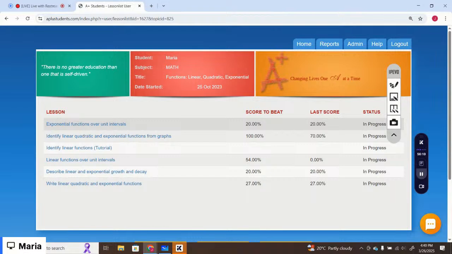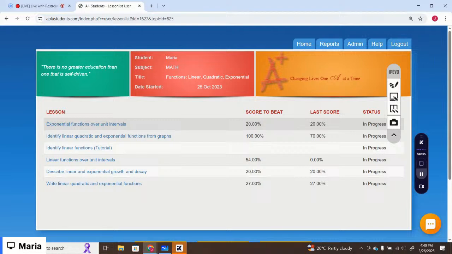The lessons we have covered today are exponential functions over unit intervals, identify linear, quadratic, and exponential functions from graph, linear functions over unit intervals, and describe linear and exponential growth and decay.